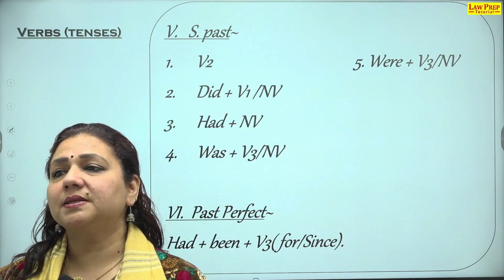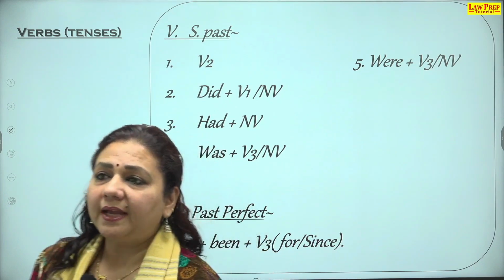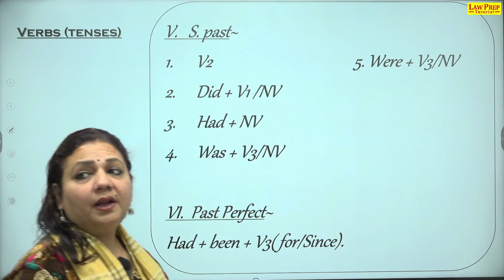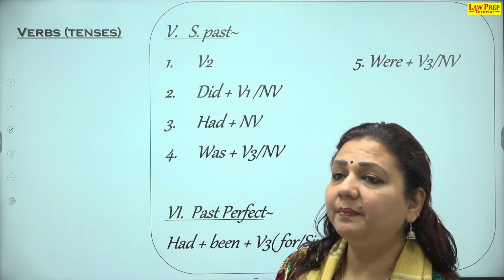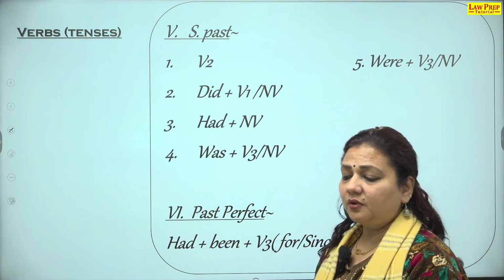Moving on to the next tense, that is past perfect. I get aside, you can jot down these 5 tenses here, all the 5 that should be done. Now, past perfect is done by had been plus verb third form, or you can also use had plus verb third form. You can use with for and since.